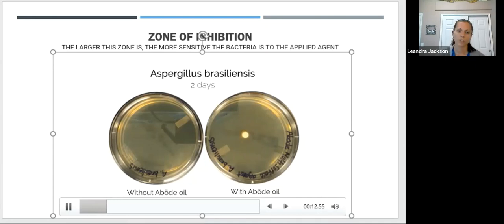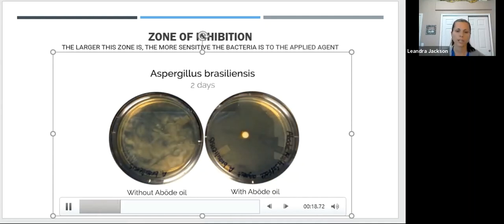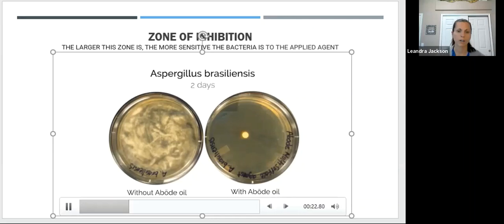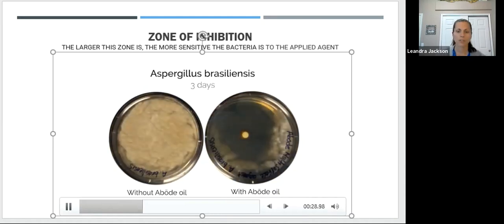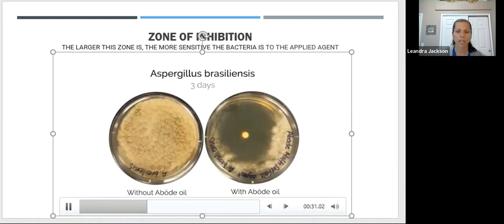So not much change in day 1. A little bit starting in day 2, where you can see on the left side, the mold is kind of just getting all over in the Petri dish. And the right side, very minimally on the edges on day 3.